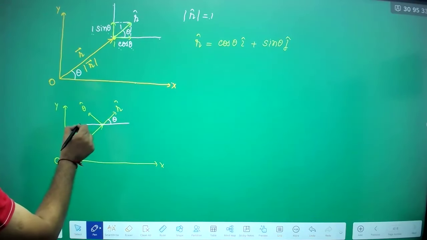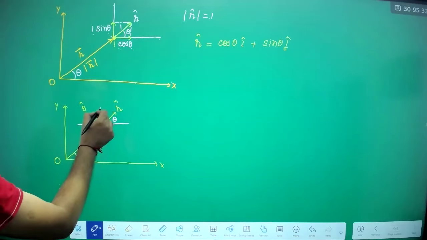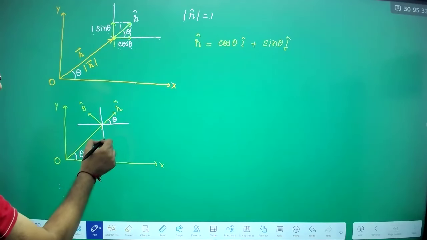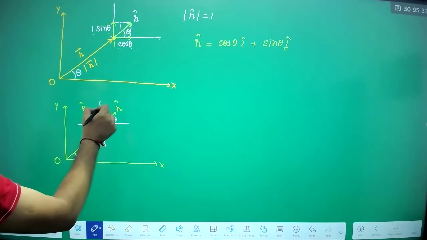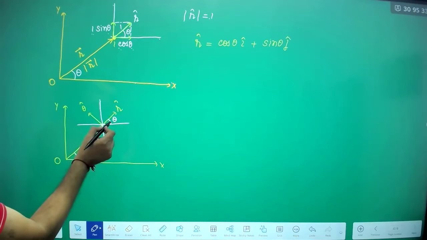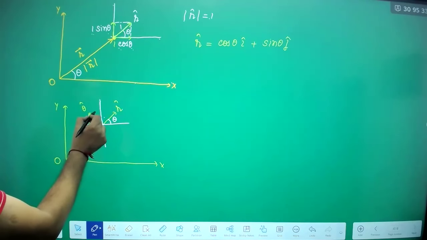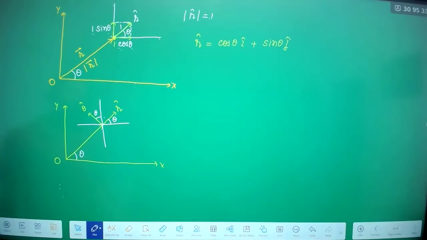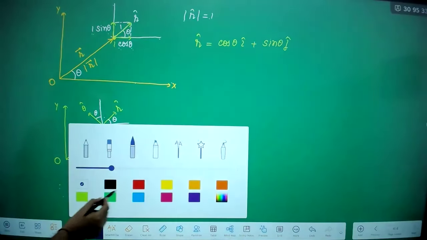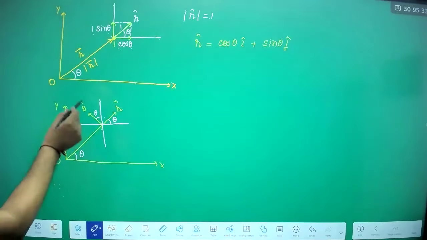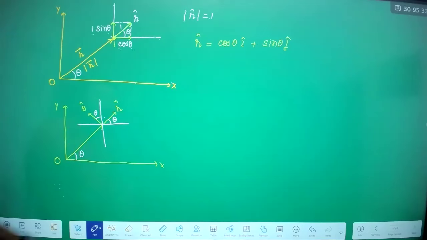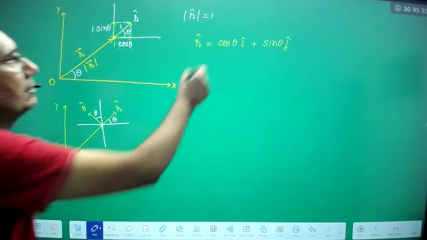So I draw this x-axis. Another is this, parallel to the y-axis. So now this is 90 minus theta, so automatically this will be theta. Now resolve this theta cap parallel to the x-axis and parallel to the y-axis.